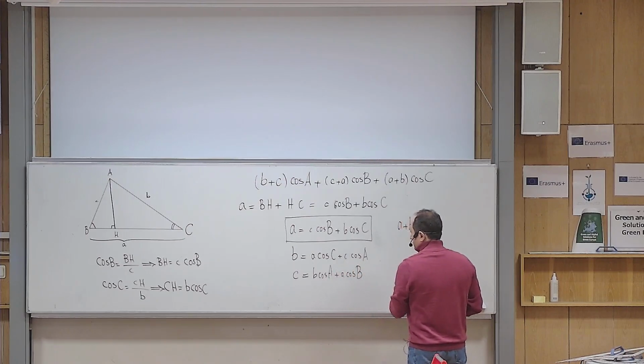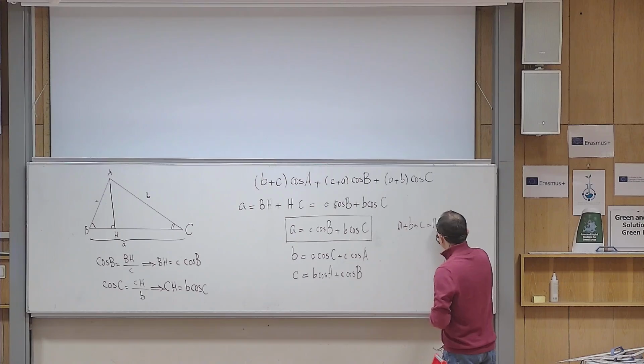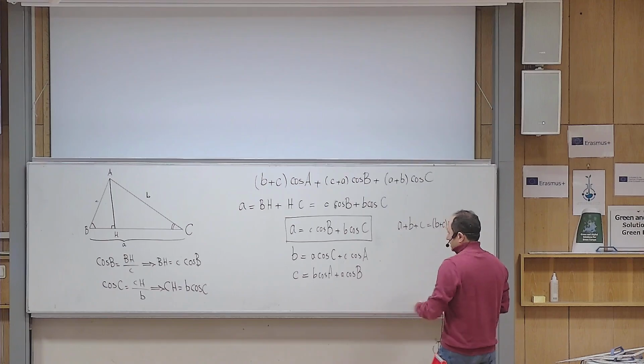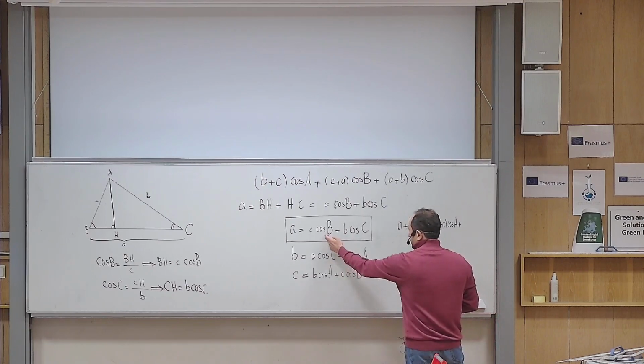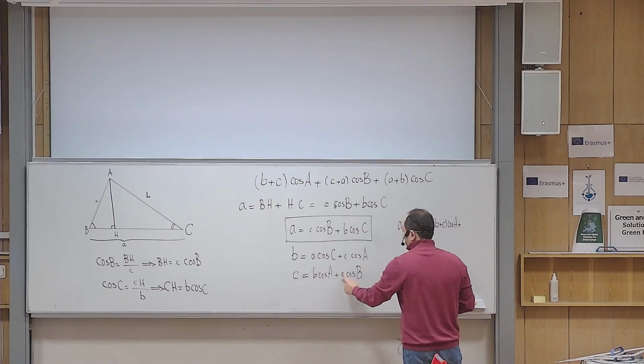I factor cosine A out, and b is added to c. So it becomes (b + c) cosine A. Then cosine B appears in two places, so I factor cosine B out, and little c and little a are left.